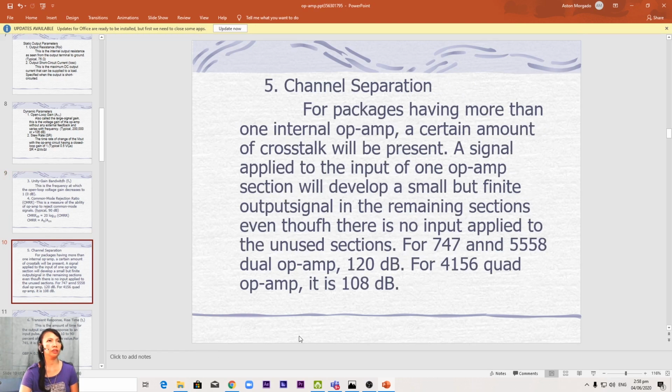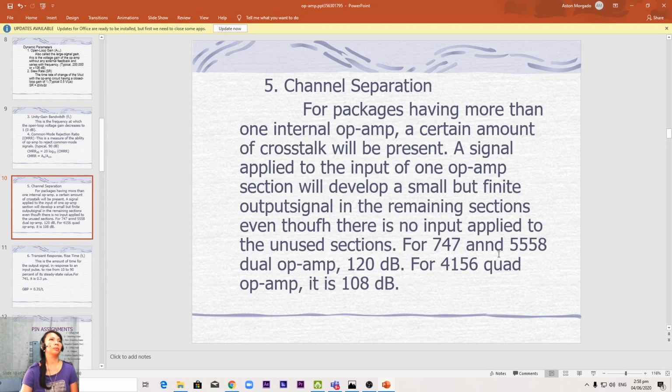And then we have the channel separation. For packages having more than one internal op amp, a certain amount of crosstalk will be present. A signal applied to the input of one op amp section will develop a small but finite output signal in the remaining sections, even though there's no input applied to the unused sections.